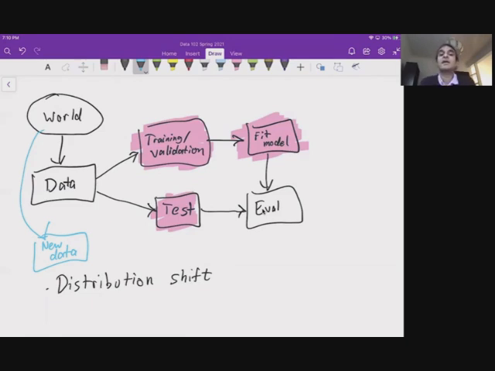So what are ways you can avoid that? Well, one thing you can do is to ensure that the test set captures some notion of newness.